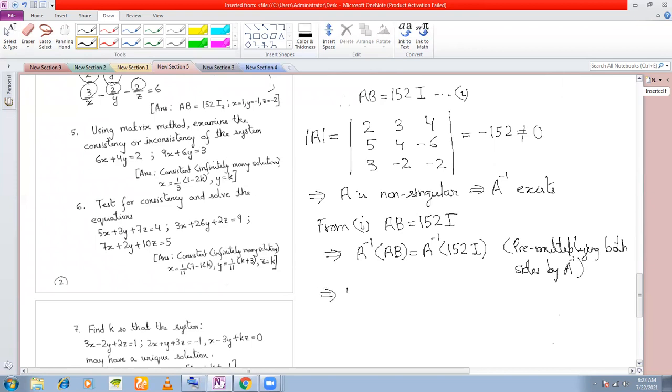Next, we'll take A inverse and A together, and this B we'll keep separate. And here the 152 scalar we are going to take out, and we are going to write this as A inverse I. The reason is matrix multiplication is associative.